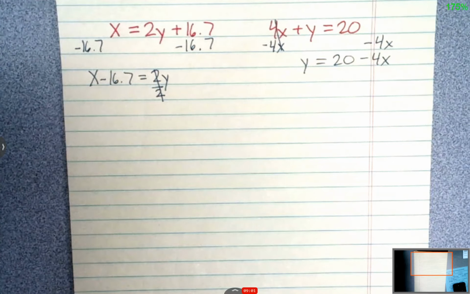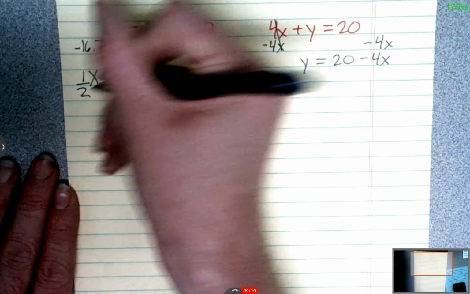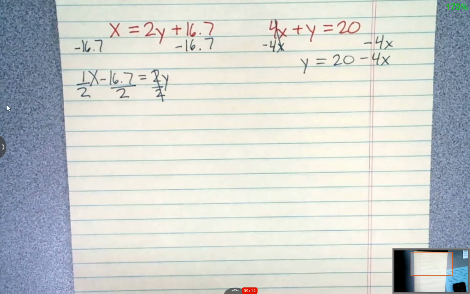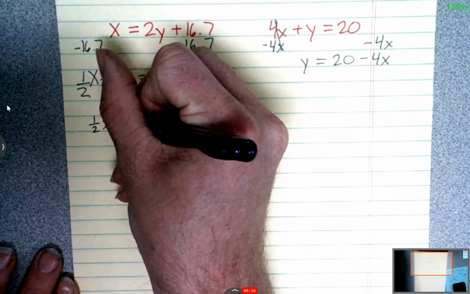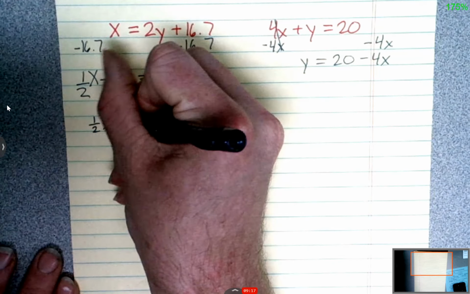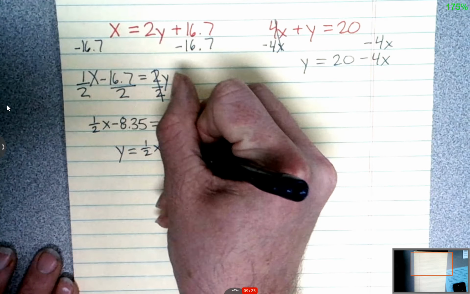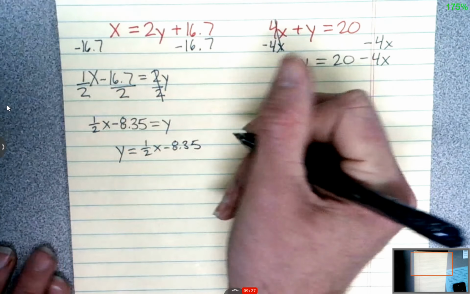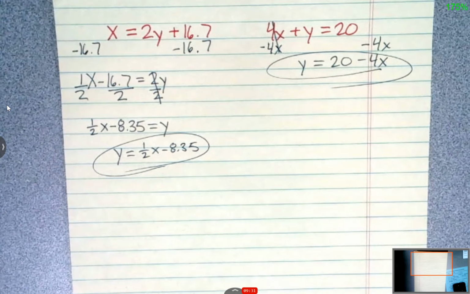So we're going to divide this 1x by 2, and we're going to divide negative 16.7 by 2. And I get 1/2 x minus 8.35 equals y. And I can reverse it. It's the same thing. And now I have my 2 equations that I can put into decimals.